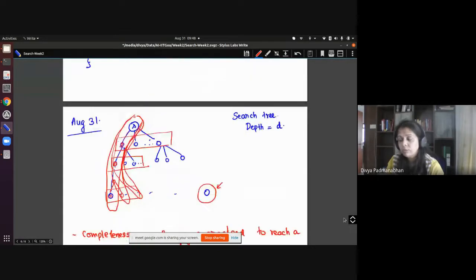What we want to essentially find out is how many nodes you end up visiting, or if you look at it in terms of the search tree, how many nodes are really explored. Finally, it's going to give you one plan with a set of actions. That is okay. But in the process, how many nodes do you end up visiting?